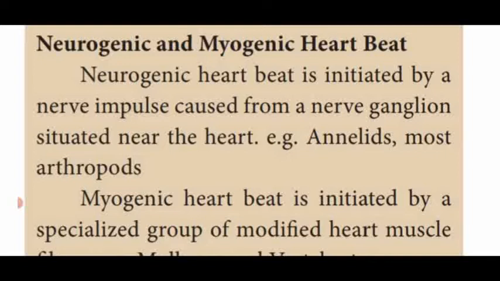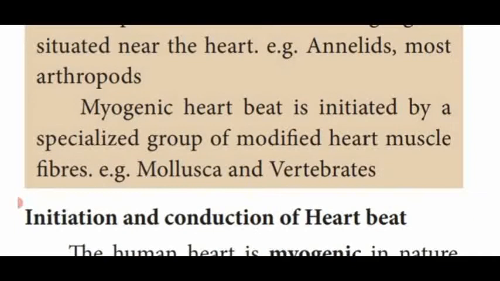In invertebrate animals, only some groups show neurogenic heartbeat, example annelids and arthropods. Then mollusca and vertebrate animals show the myogenic heartbeat.